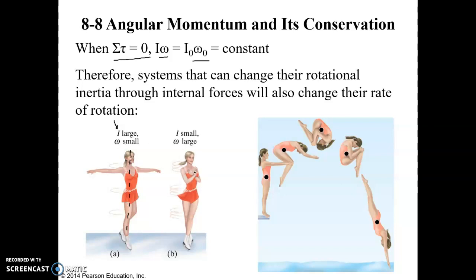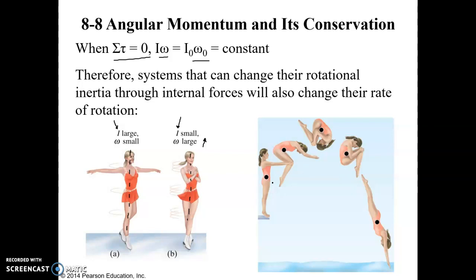Then when she pulls her arms into her chest, that mass is no longer as far away from the axis of rotation, so she has reduced her moment of inertia. But for the momentum to remain constant, if the moment of inertia is reduced, the angular velocity will have to increase. So by decreasing her moment of inertia, she increases her angular velocity. That's why she spins faster.